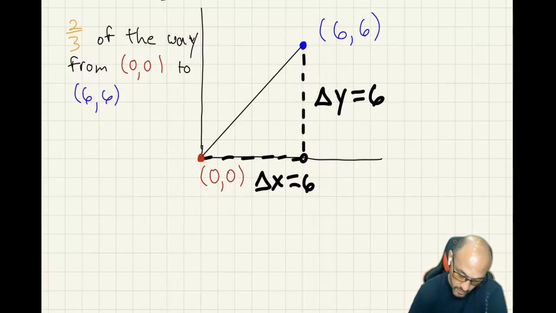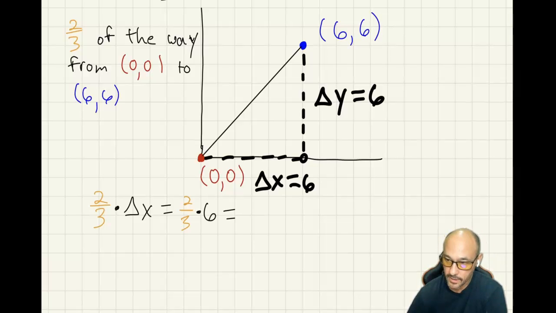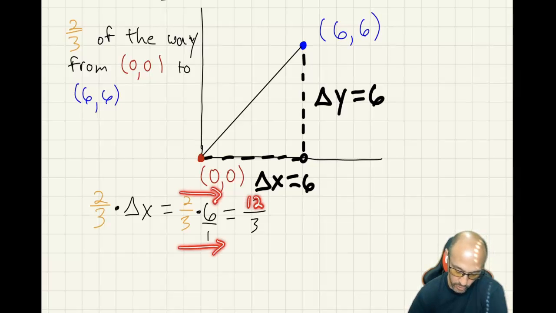So we're saying 2/3 times delta x. So that's going to equal 2/3 times 6, which is 6 over 1, which is 12 over 3, because remember we multiply across the numerators to get 12, multiply across the denominators to get 3, and that equals 4.